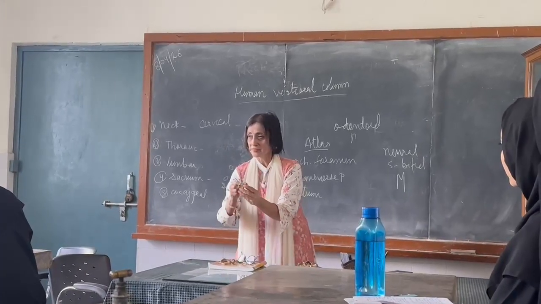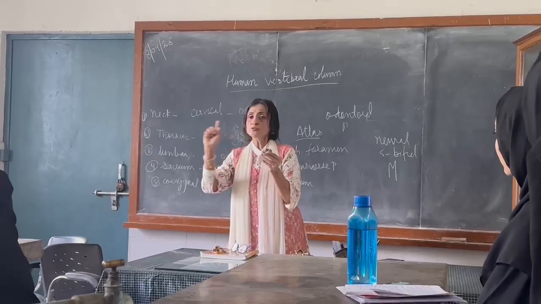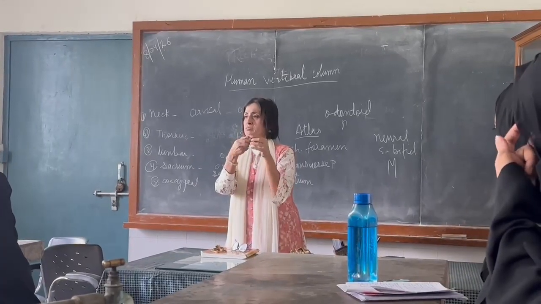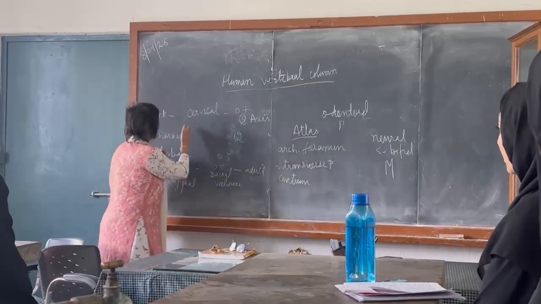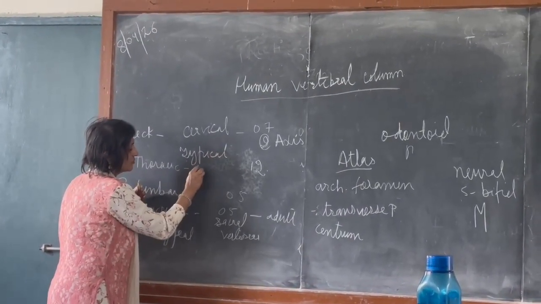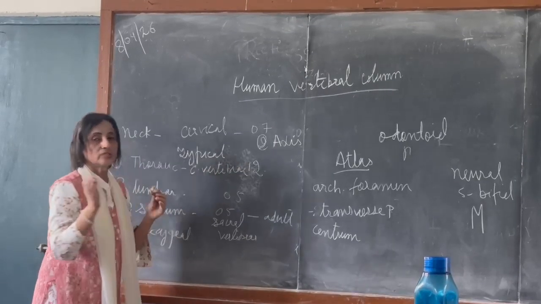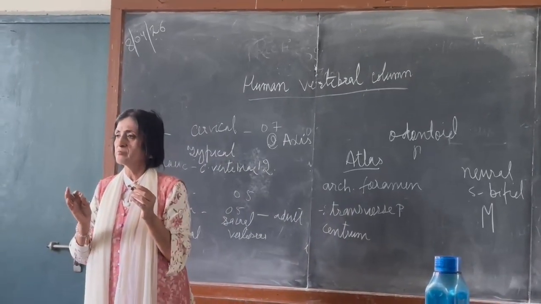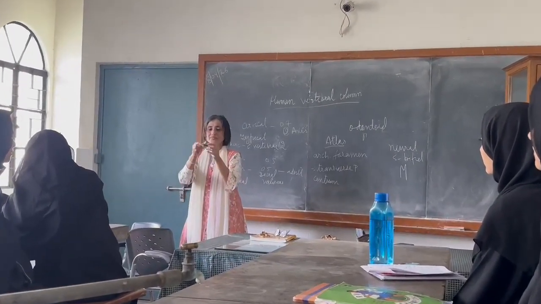Atlas, axis. Now 3 to 7, of the 7 in number, are similar in structure, having the same structure. So they are called typical cervical vertebrae. Why are they called typical? Because 3 to 7 have almost similar structure. So C3, C4, C5, C6, C7.